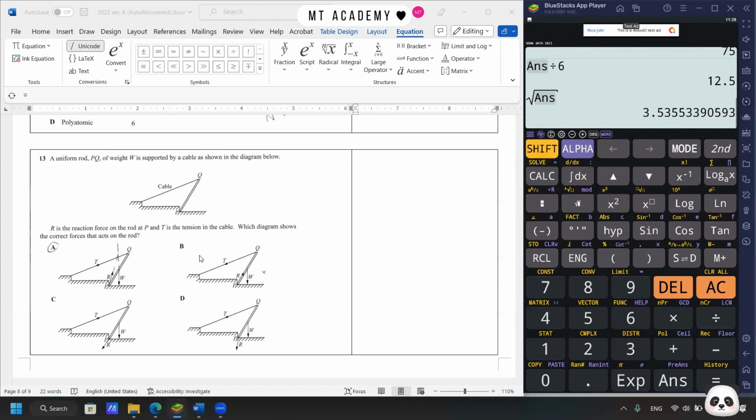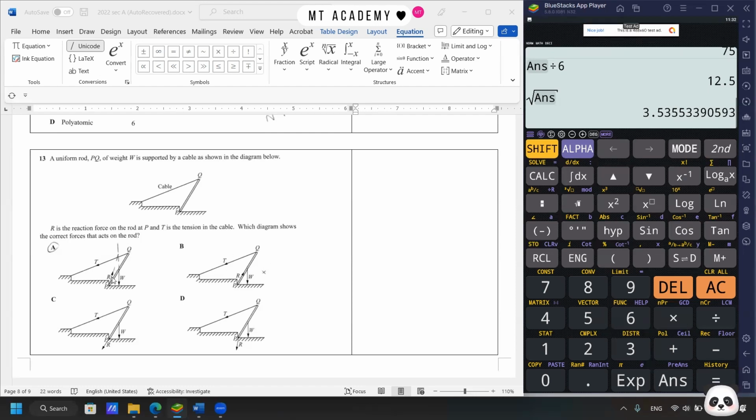And if we look back at the torque, we can apply the torque to make sure things are balanced. If you look at B, you can see that the reaction force is along the rod PQ, so this makes B wrong. Because when we analyze the resultant torque, let's say we put the pivot point at Q, we can find that there is a resultant torque which is caused by the component of W. We can also set the pivot point at W, and there is also a resultant torque.